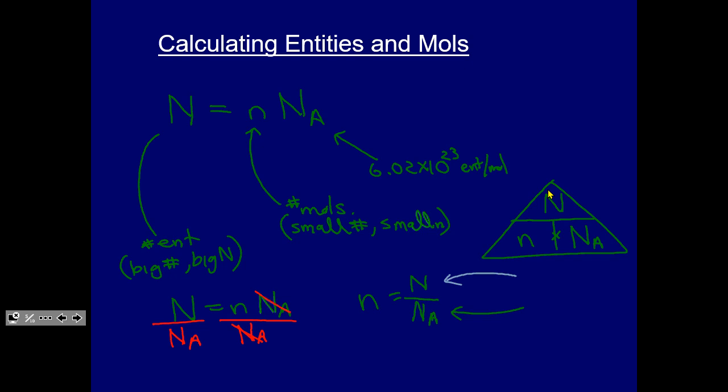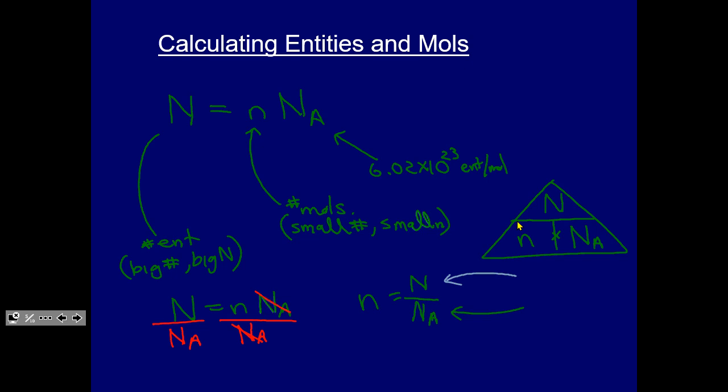So in this equation, N is equal to little n times Na. Now, if I want an equation to solve for little n, I cover it up, and you will notice that it is now capital N over Na. So that triangle right there will tell us how to rearrange the equation.